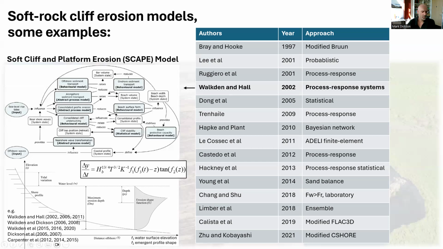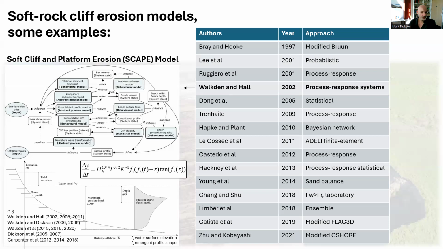The driving equation for profile evolution, you can see, is dependent on the energetics of the incoming wave field, and you can see that there are a range of functions for the way that wave energy is distributed across tides and how the water level changes as the sea level rises and so forth.